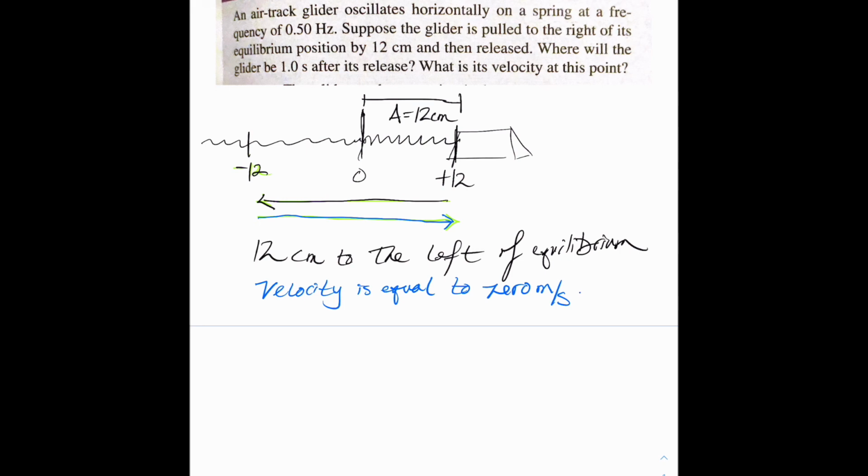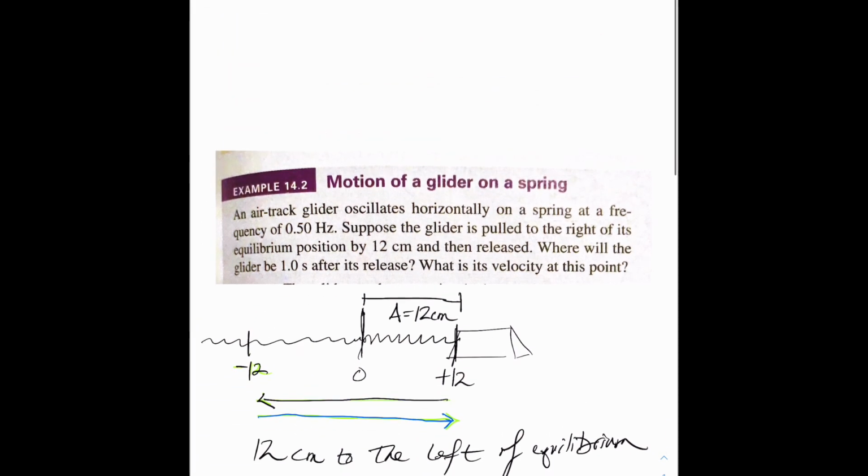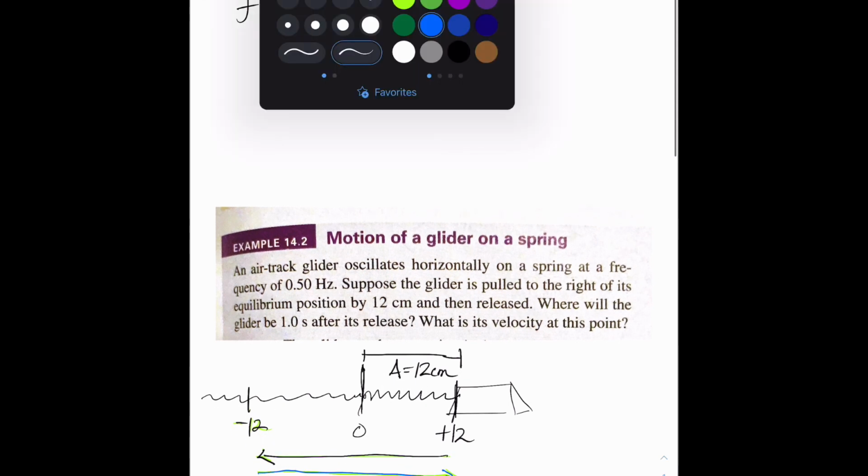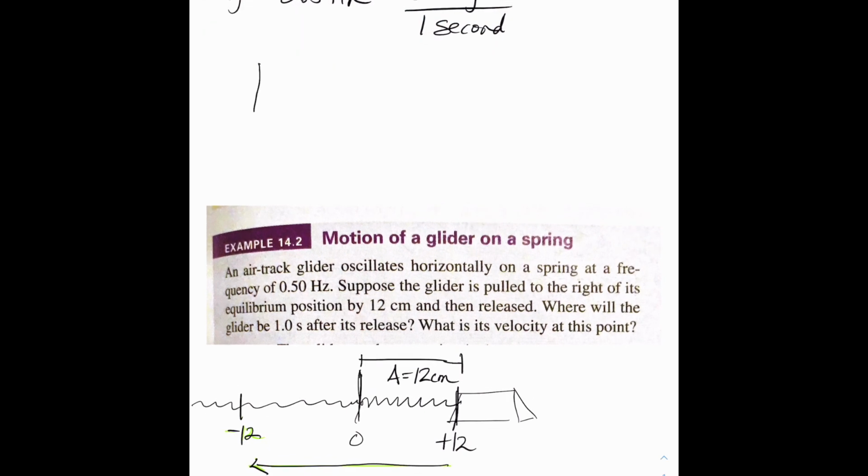All right, and I can just write that at this point. And that's pretty much it. I think in the textbook, they go ahead and make a wave, like we worked on, a sinusoidal wave, and they have 12 centimeters being the amplitude, so positive 12 and negative 12.